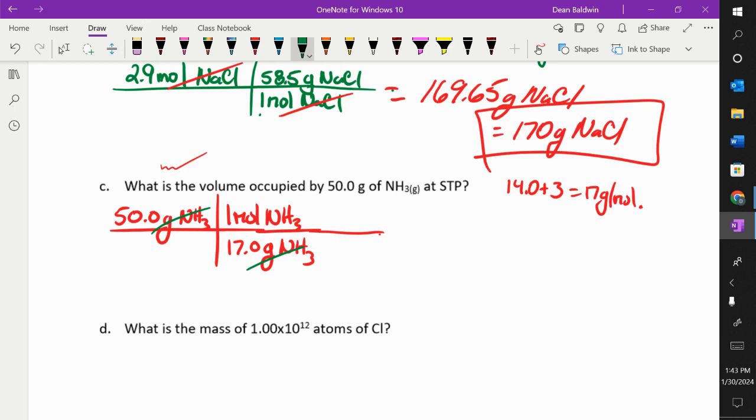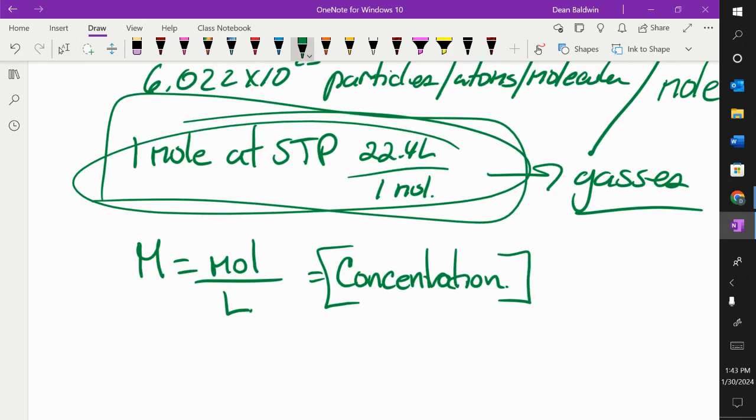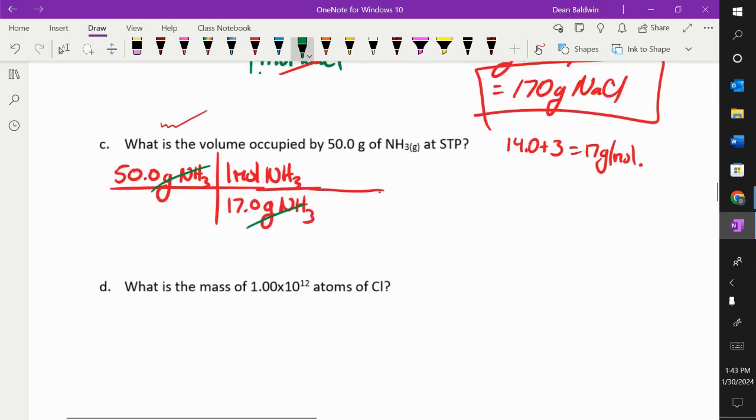I want the volume. Volume of a gas. What number am I using? 22.4, that one right there. 22.4 liters per mole. I want moles to cancel.